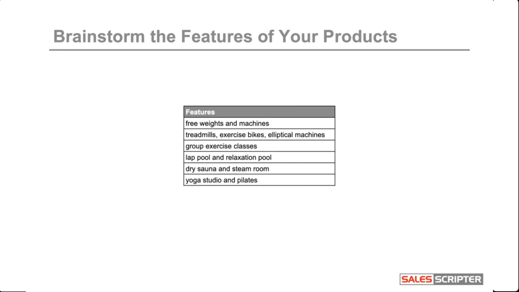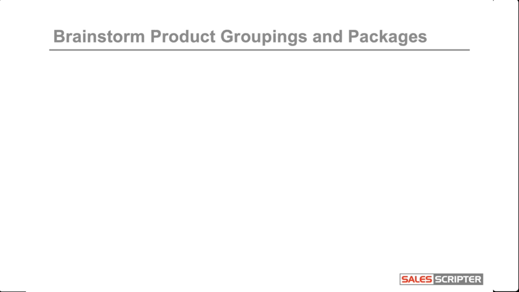The next step is to brainstorm some of the different features that are included in the products you sell. So for the gym salesperson, that might be free weights, treadmills, classes. The next step is you might want to brainstorm different groupings of your products or services.